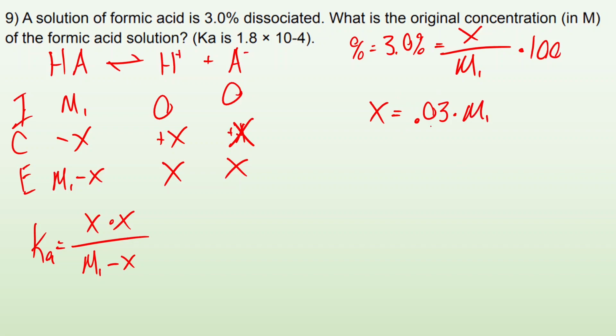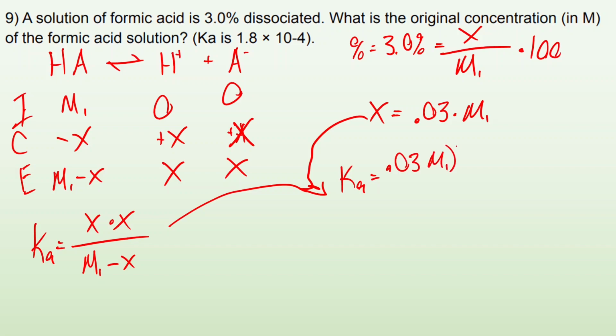Well, 3% of it dissociated, so 0.03 times however much we started with. Now we can plug this into the Ka. Combining those two equations, I get my Ka equals 0.03 M1 squared all over M1 minus 0.03 M1.